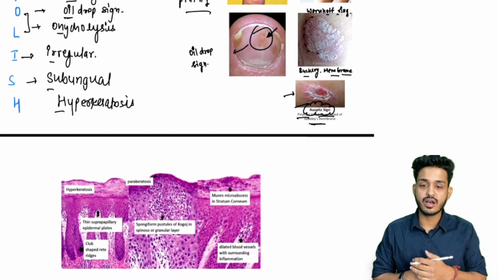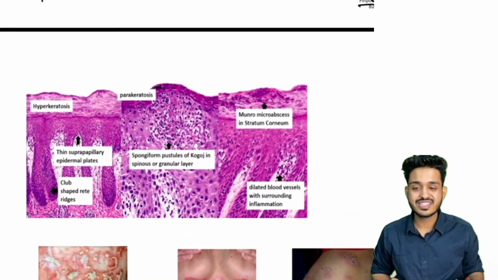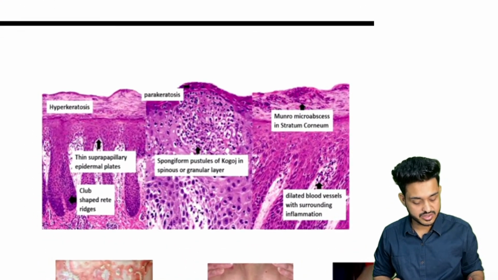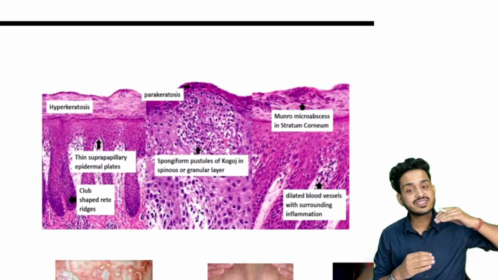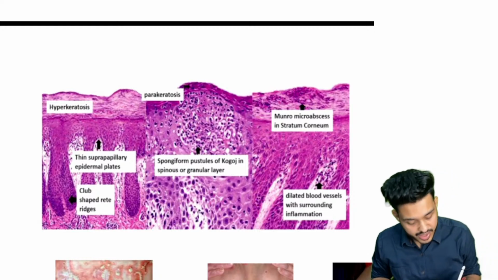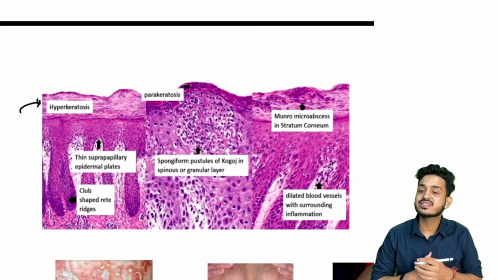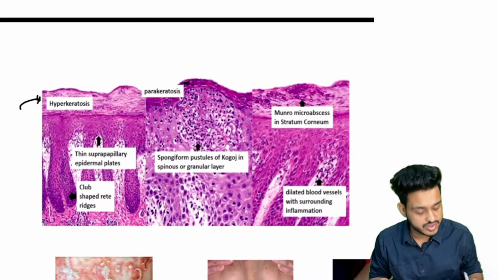Now let's talk about certain important points about the histopath of psoriasis. I have already told you what will happen in the stratum corneum. सबसे ऊपर वाली लेयर में क्या होगा? सबसे ज़्यादा केराटिन होगा. Okay, so what you will see here, you will see hyperkeratosis. बहुत सारा hyperkeratosis will be there.